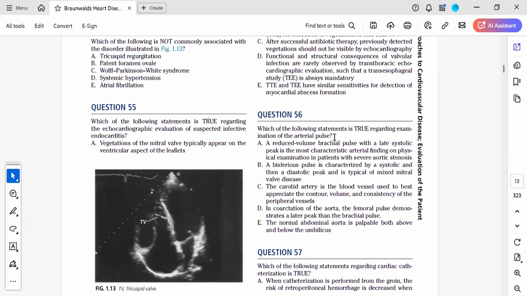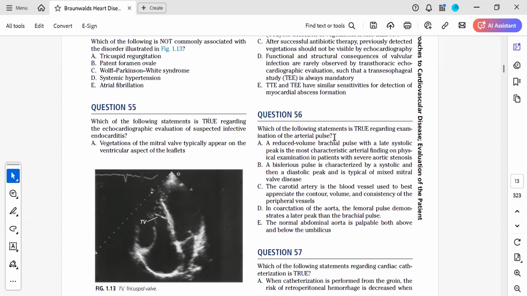This is false because usually infective endocarditis is said to occur at the side of lower pressure, so across the valve. For the mitral valve and tricuspid valve, the atrial side has lower pressure.